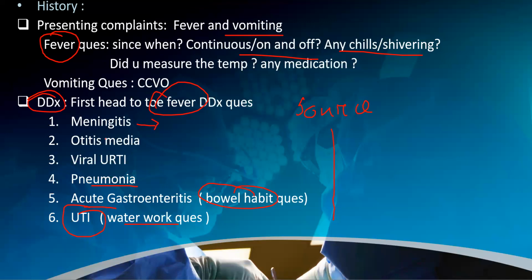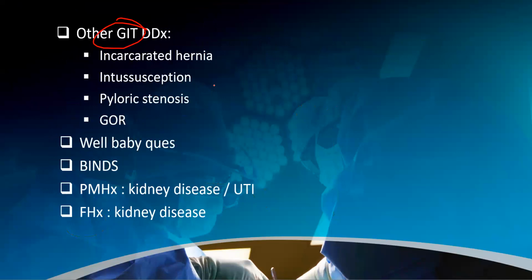And then you just go to the bowel habit and waterworks, followed by all other GIT causes, and that includes your incarcerated hernia, intussusception, all of it. And lastly, finish with well baby binds, past medical history and family history.